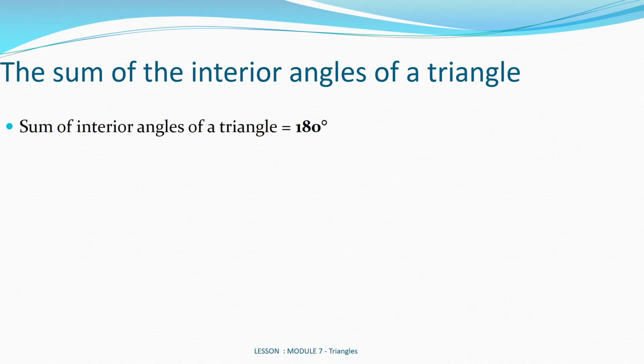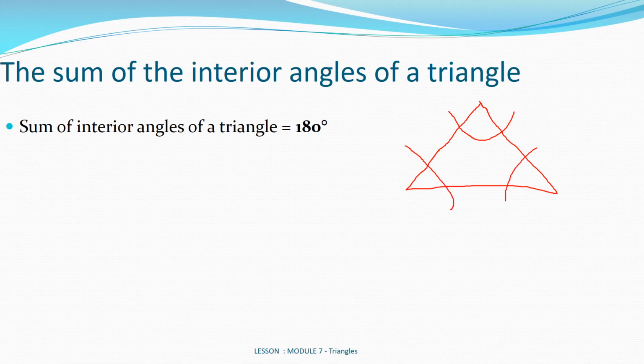Let's draw our triangle right here. It's not going to be perfect, please bear with my drawing. All right, so how do we do that? If we take this, take that, and take that, you cut them from that side.